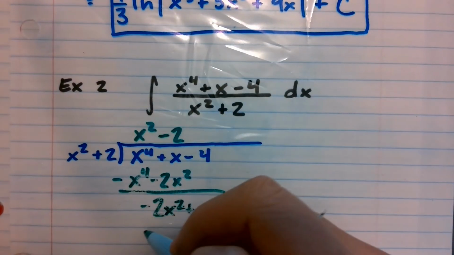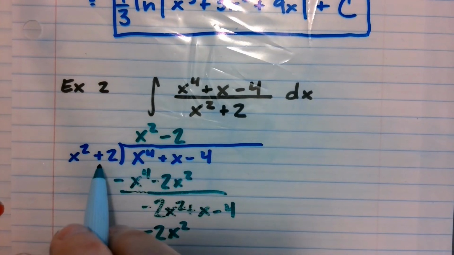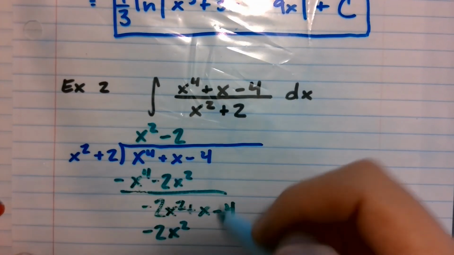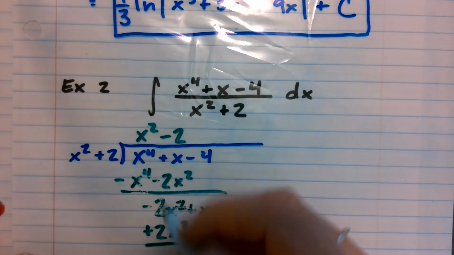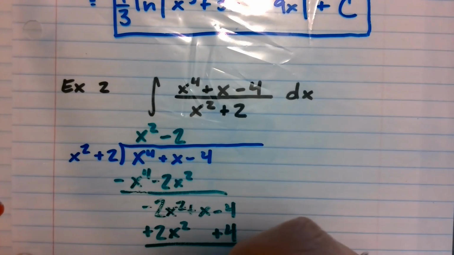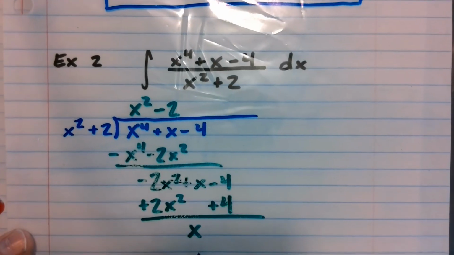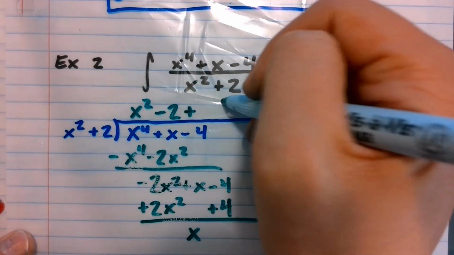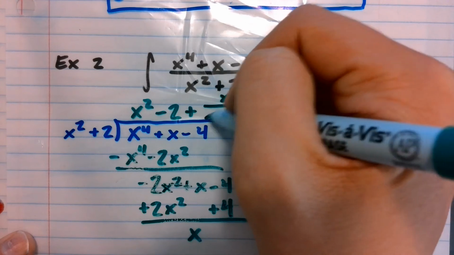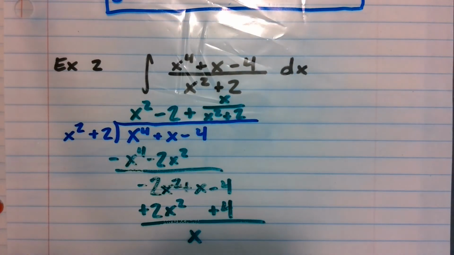It's going to give me a negative 2x squared, and I want to match it exactly. And then negative 4. I'm changing the signs. So I get nothing here, I get my x, and then nothing there. So my remainder is x, and that's okay. It just means that I'm left with my x over what I was dividing by, my x squared plus 2.